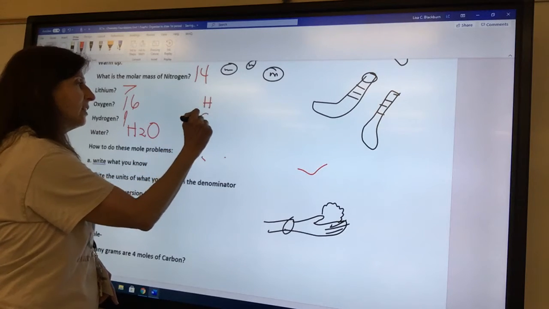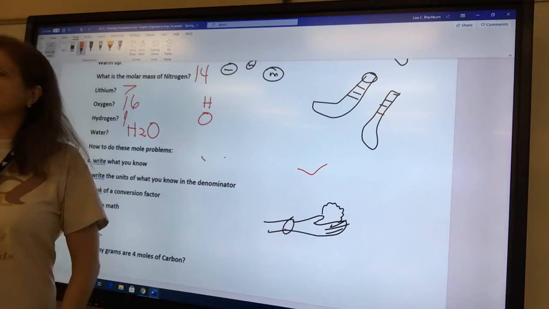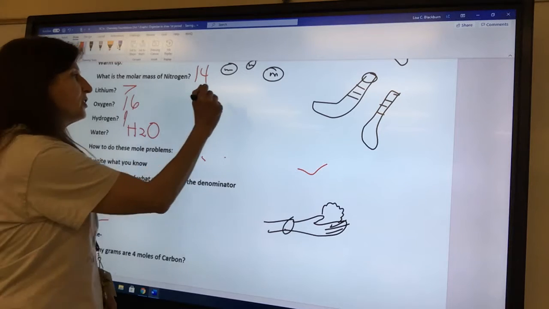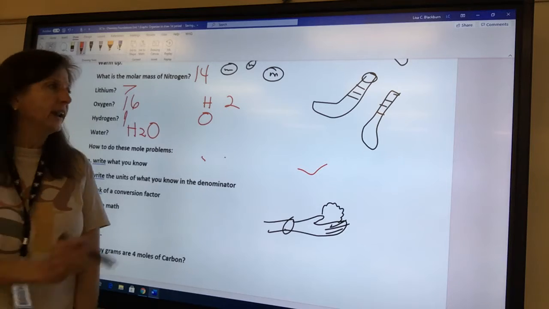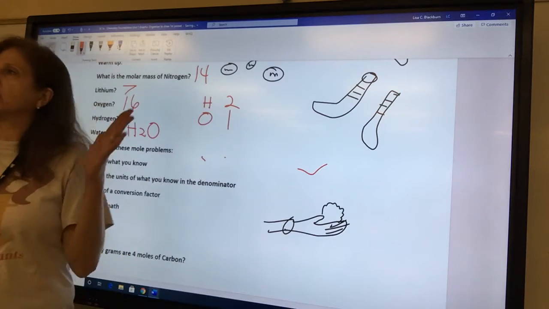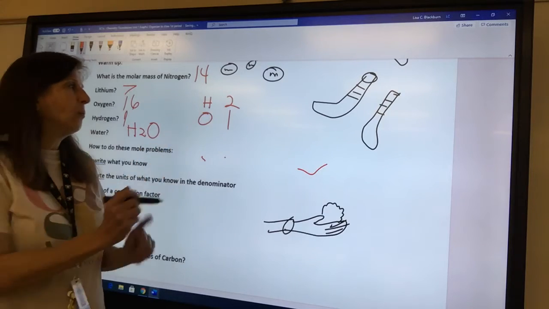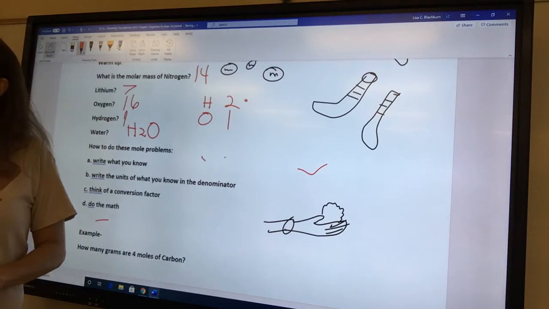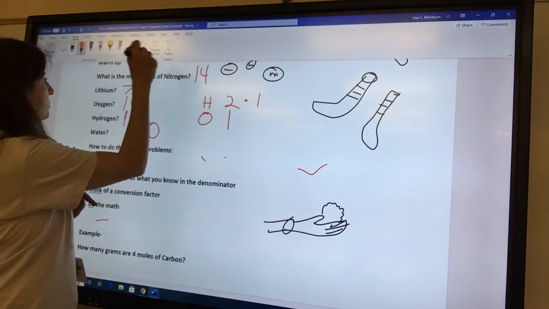Water is made out of hydrogens and oxygens, right? How many hydrogens are in water? Two. H2O. How many oxygens are in water? One. Do you see how I'm doing this vertically? I want you to do it vertically too. What is the molar mass of hydrogen? 1, the M&M, and you can color your M&Ms up there too.